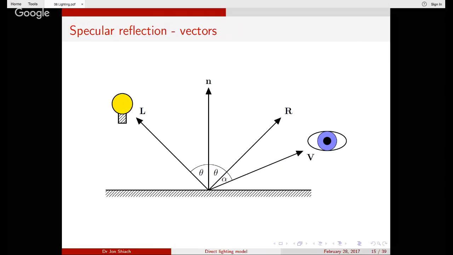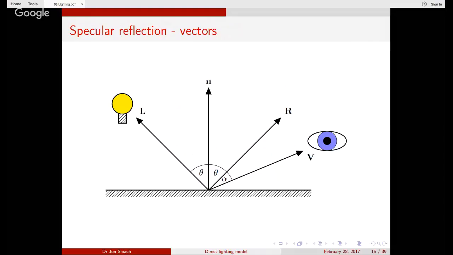And we also have V. V is a viewing vector, which is where the viewer is in relation to the surface. The viewing vector is needed because we're not always going to be bang on the reflection vector. Alpha is the angle between the viewing vector and the reflection vector.